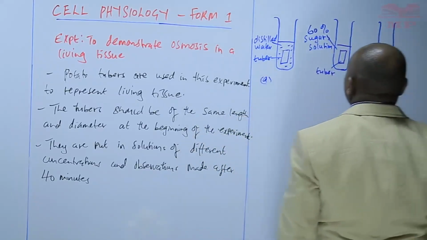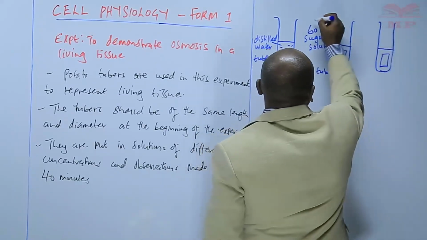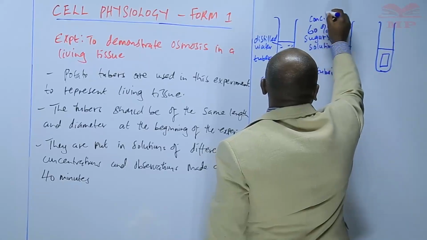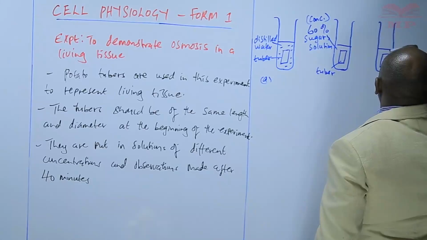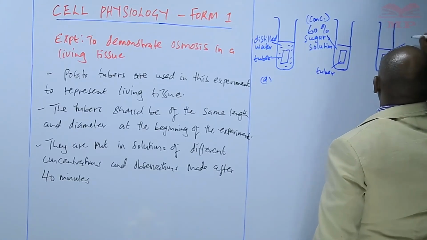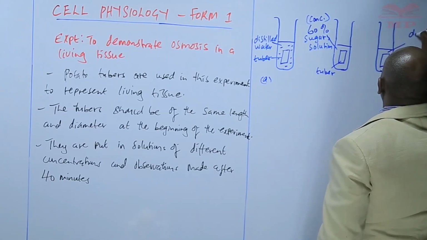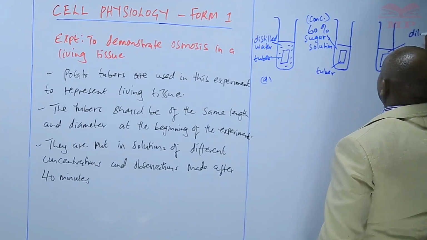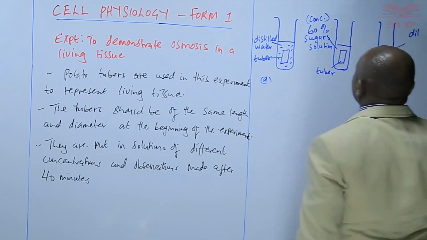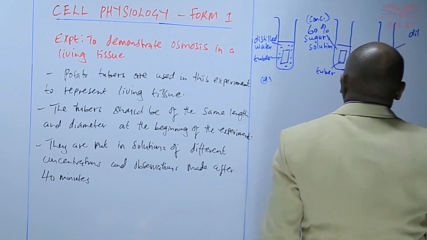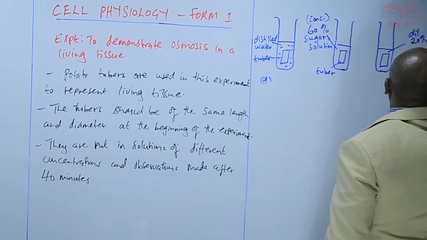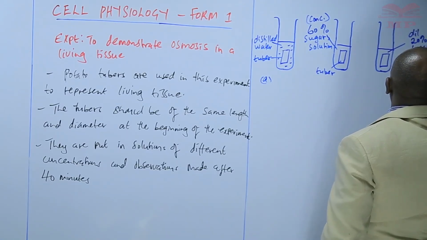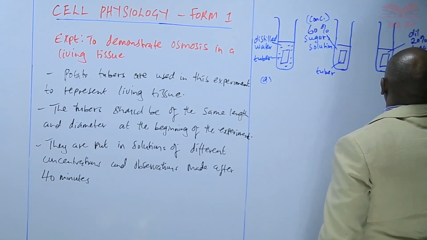And so this is concentrated. And then the other one will be put in dilute, that's about 20% sugar solution. And that is the tuber.